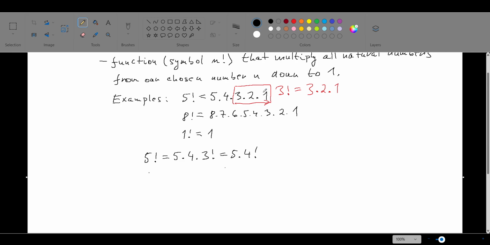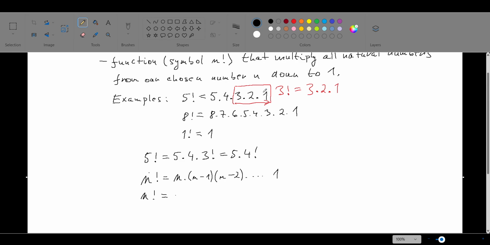And if you think about this in terms of n factorial, where n is any given number, then you can write n factorial as n times n take away 1 times n take away 2 and so on, until you come to number 1. But you can write it in a simpler way by using the rule which I gave you for number 5.